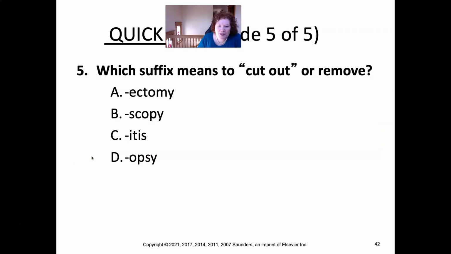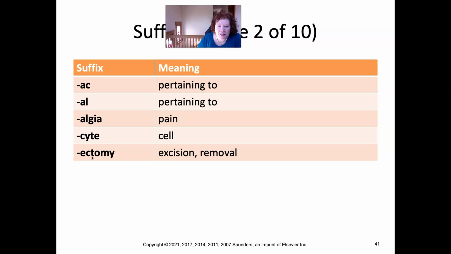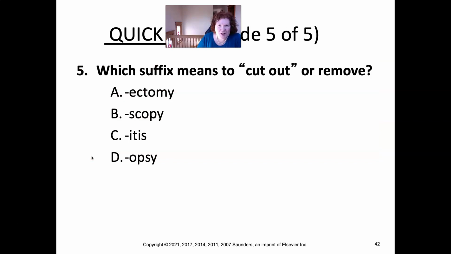Ectomy means to remove it entirely. Ectomy means to remove it completely. You've excised it. It's gone. Whereas -otomy means to cut into it. Just a hint there. So which suffix means to cut out or remove?